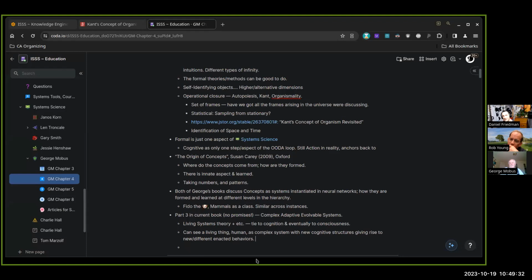That's the interesting part of it, or related to it being a meta discipline, cognitive science almost being a meta discipline. How do you see the relationship between cognitive science and system science, George?